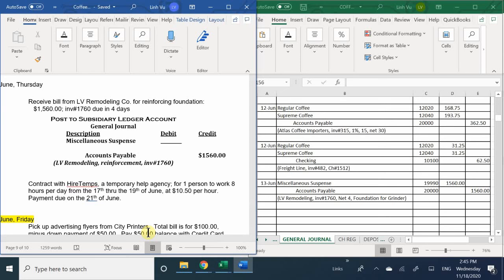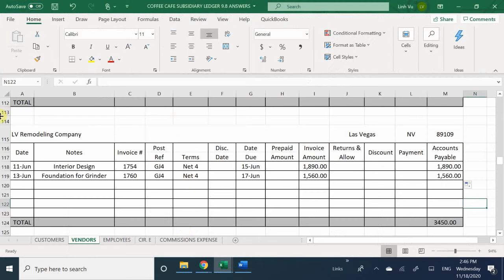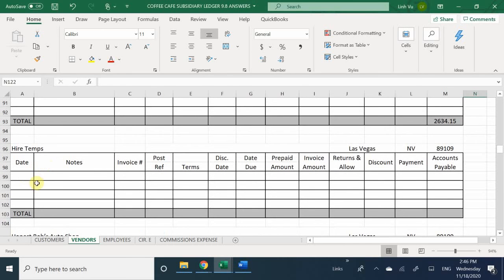You're hiring them from the 17th through the 19th, so that's 3 days. You're only hiring one person, and you're going to pay them for 8 hours a day for $10.50 per hour. So I'm going to go ahead and place that information in my subsidiary ledger, because I do have Hire Temps as one of my vendors.